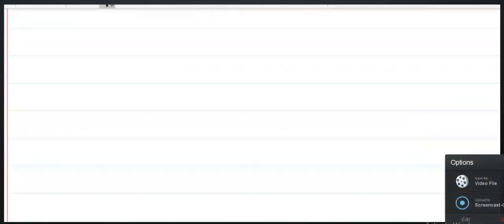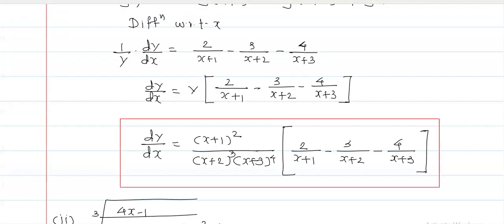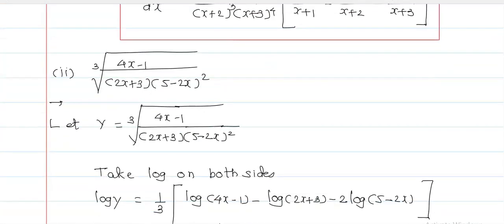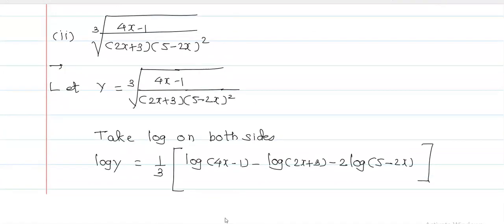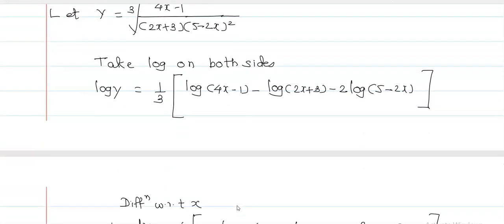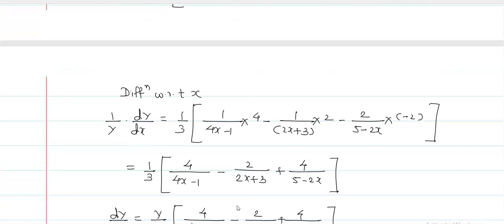Now see this again. This is y is equal to, take log, differentiate this, 1 upon y into dy by dx.